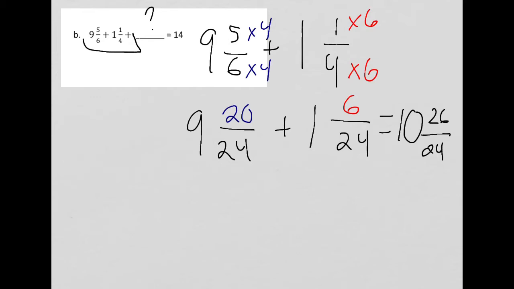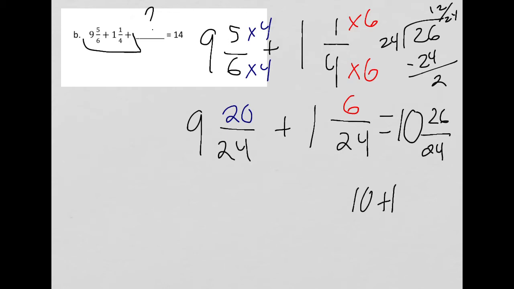I need to simplify this because 26 is bigger than 24. So when I do 26 divided by 24, I get 1 2/24ths. So this means I now have 10 plus 1 2/24ths, which equals 11 2/24ths.